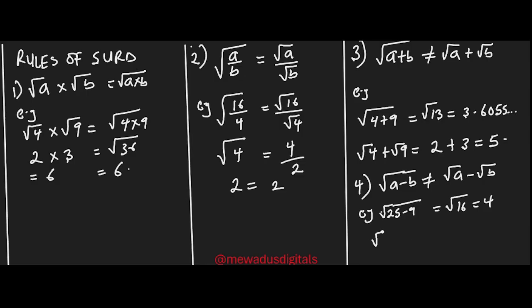If we take root 25 minus root 9, we have 5 minus 3, and 5 minus 3 gives us 2. It's clear that root 25 minus 9 is not equal to root 25 minus root 9.